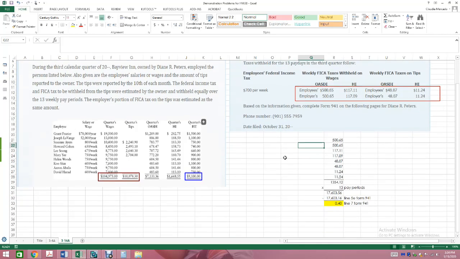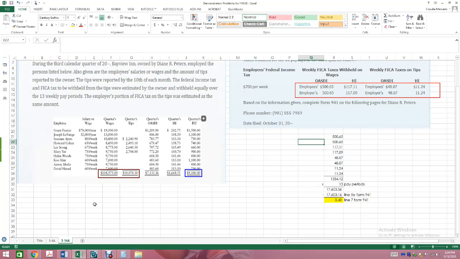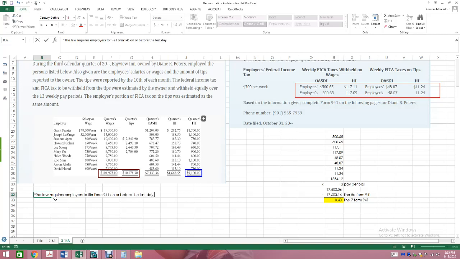Now, let me put here a little note. It's going to say, the law requires employers to file Form 941 on or before the last day of the month following the close of the calendar quarter for which the return applies.